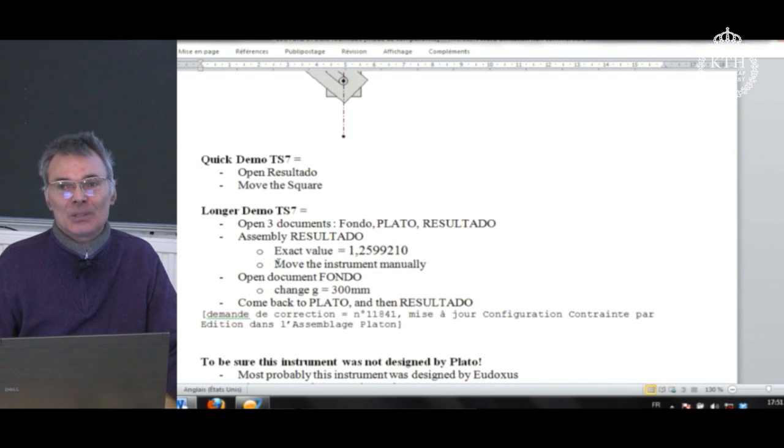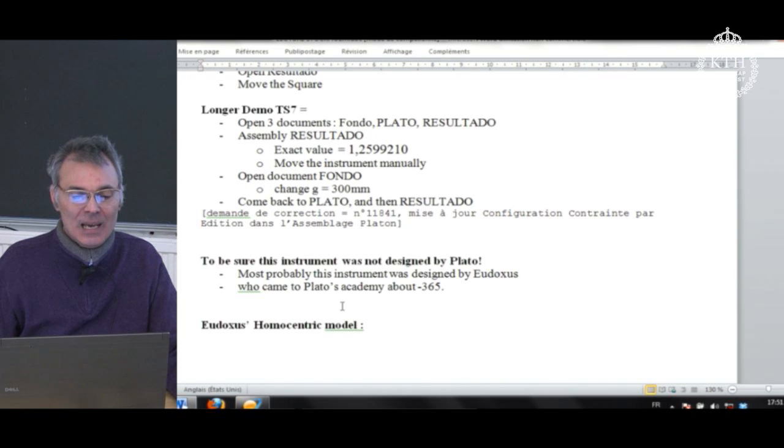To be sure, Plato did not invent this instrument. This is a false attribution that Dürer is not responsible for, but that was made by Vitruvius at the end of antiquity. Vitruvius was studying geometry together with the architect who built Hagia Sophia in Istanbul. So they are the ones who falsely attributed this instrument to Plato.